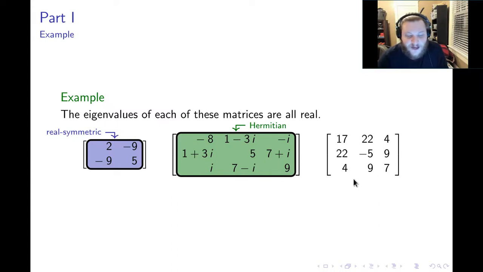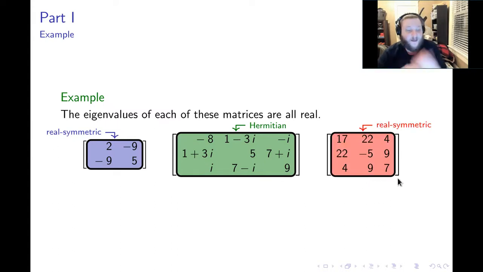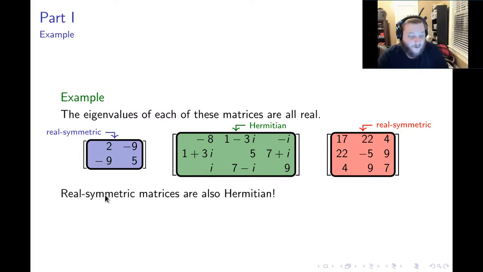And the third example here is a 3 by 3 real symmetric matrix. So again, the spectral theorem applies, and the first part of the spectral theorem says that the eigenvalues of any Hermitian matrix are real numbers. So one of the points of this example, in addition to reminding you what the first part of the spectral theorem says, is to point out that real symmetric matrices are also Hermitian. So anytime we've encountered a real symmetric matrix throughout the whole course, those matrices also are Hermitian and fall under this category that we're studying.